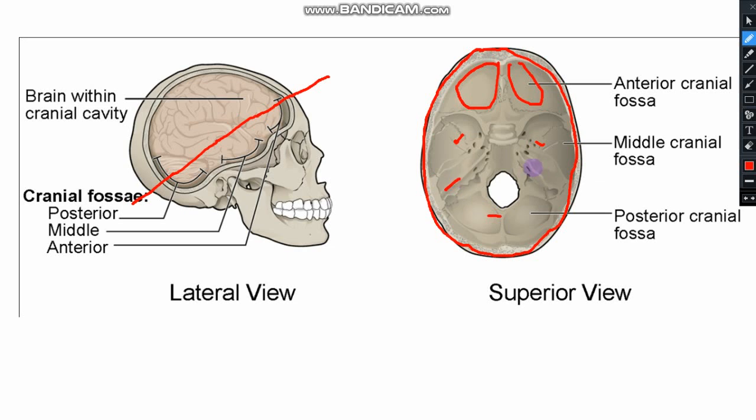This is an elevation, this is an elevation. So this surface is not smooth, it is uneven, and this uneven surface is divided into three different fossae: anterior cranial fossa, then middle cranial fossa, and posterior cranial fossa.